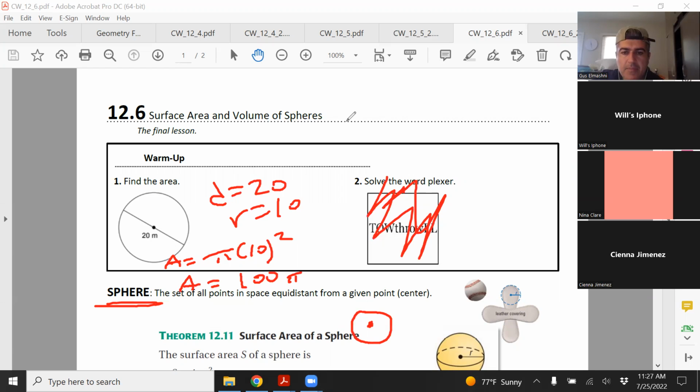But then we have a sphere that's in space, or 3 dimensions. If I took the tip of my finger and I want to find all points that are, let's say, 5 inches away from the tip of my finger, I have to consider everything all around me: front, back, left, right, up, down. It has to be of equal distance. So it has a radius.